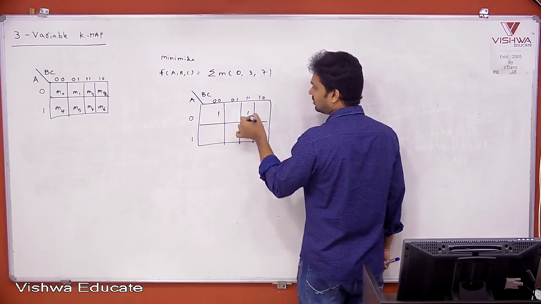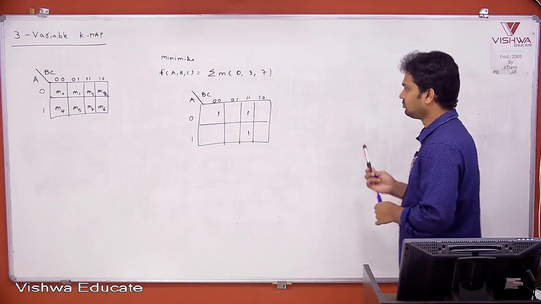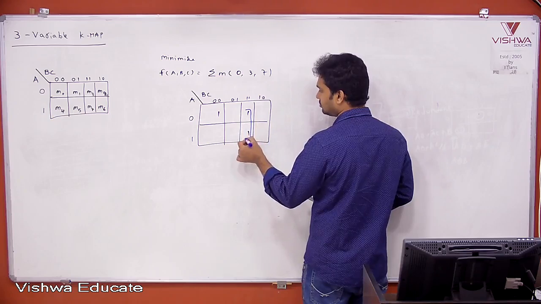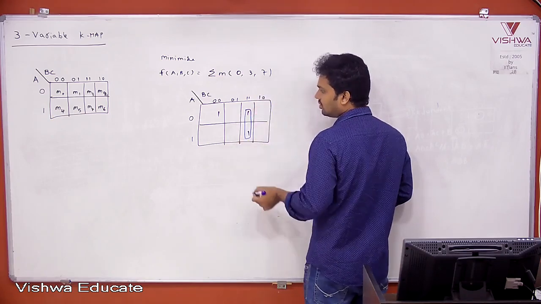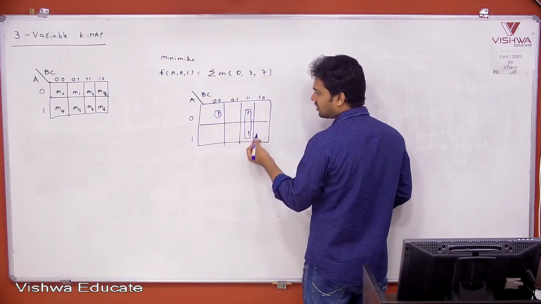Zero, 3, 7. It is a pair. Here no possibility of pair. Take singleton. All are covered.